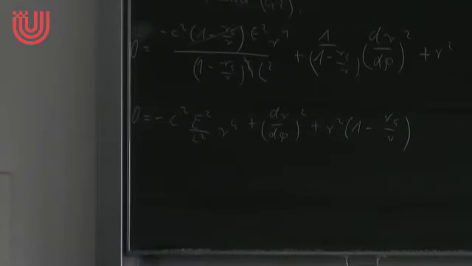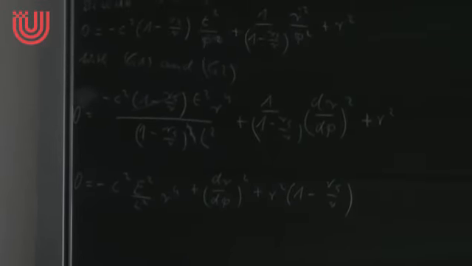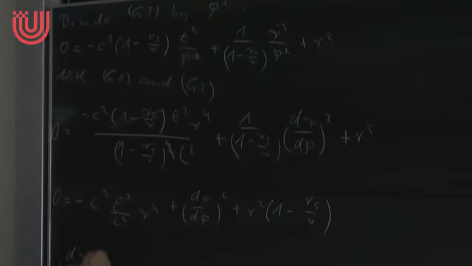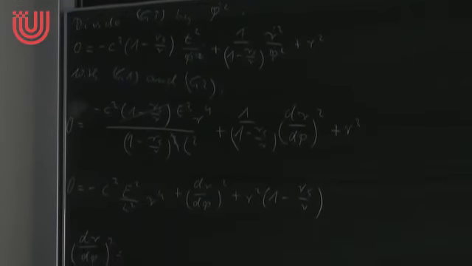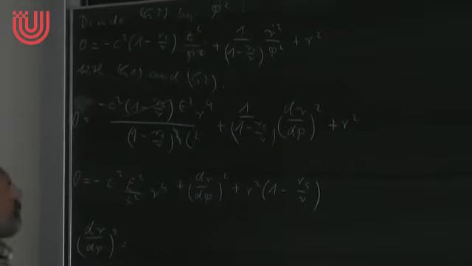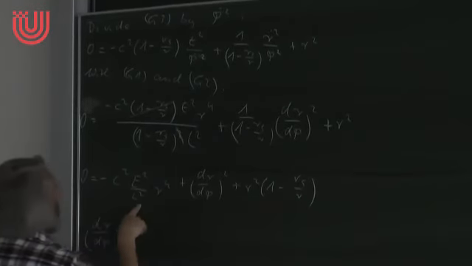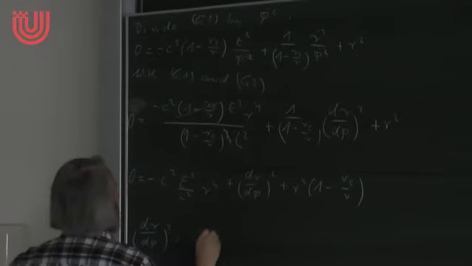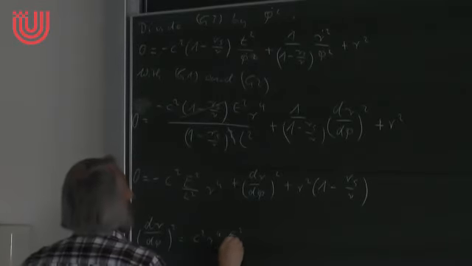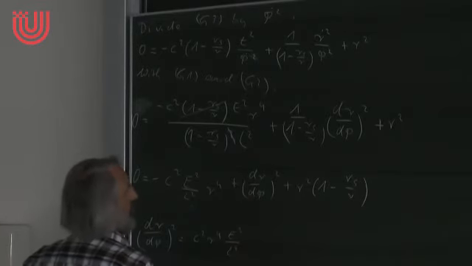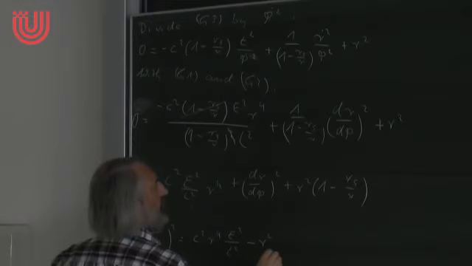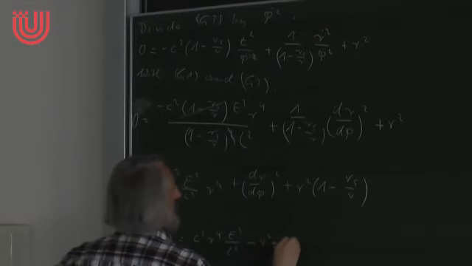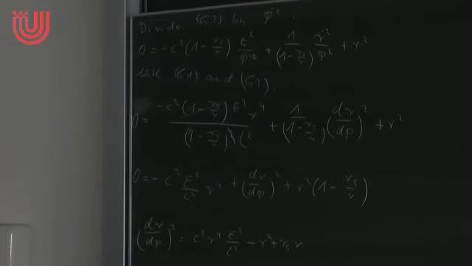I think I can solve this for dr by d phi, or let's say the square of this. This becomes, if I take it to the other side, c squared r to the 4 e squared over L squared minus r squared plus rs r. Okay?